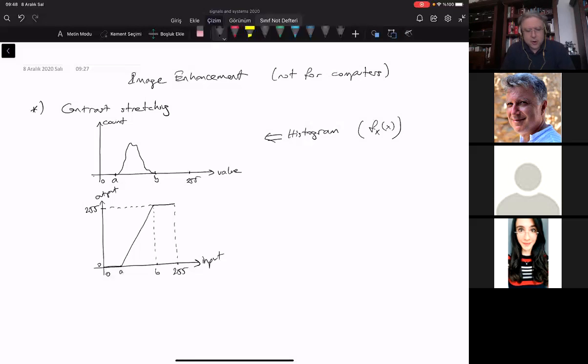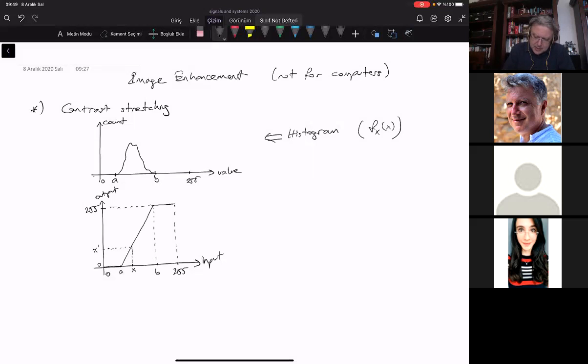So this is a curve that we can apply. If your pixel value is, for example, this one, x, and x is mapped into a new value called x prime.